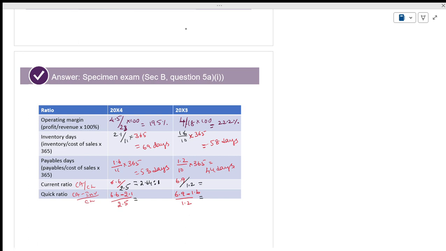6.9 divided by 1.2 is 5.75. 5.75 is to 1. That's 6.6 minus 2.1 divided by 2.5, which is 1.8 is to 1.